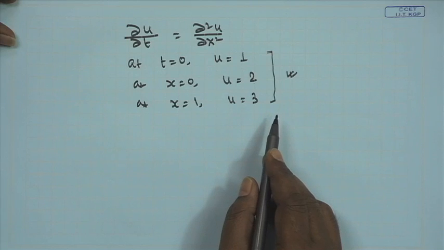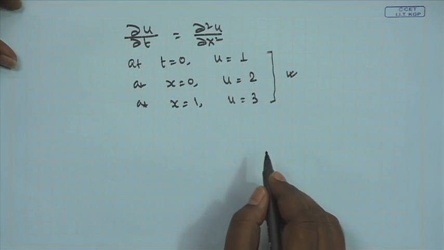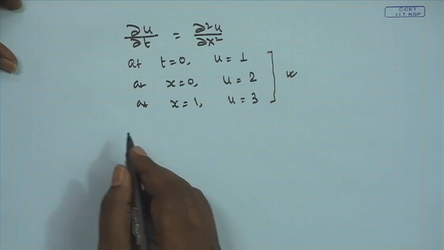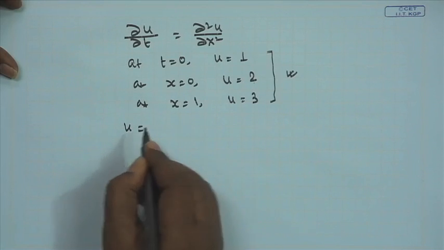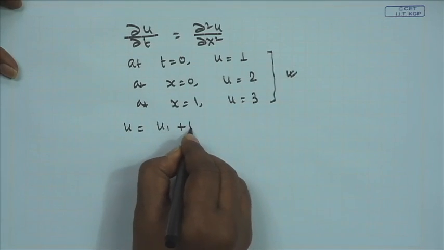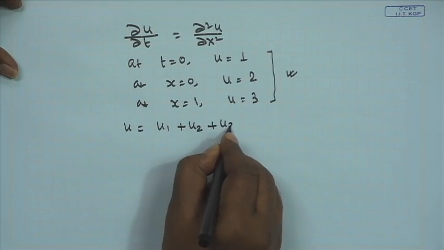This problem will be divided into three sub problems, considering one non-homogeneity at a time. For example, u will be divided into u1 plus u2 plus u3.